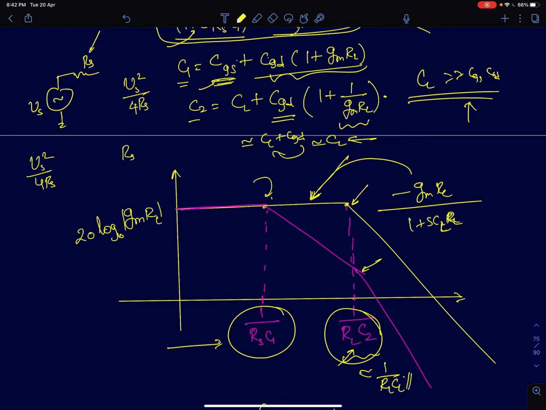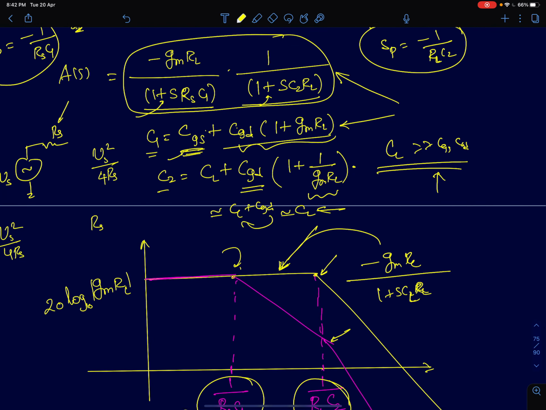So this capacitance CGD appears as a really large capacitance at the input. This capacitance multiplication effect is what we call the Miller effect. So common source amplifiers suffer from the Miller effect. We will later see, when we discuss cascode amplifiers, how we fix this problem. But this is the problem with a common source amplifier.